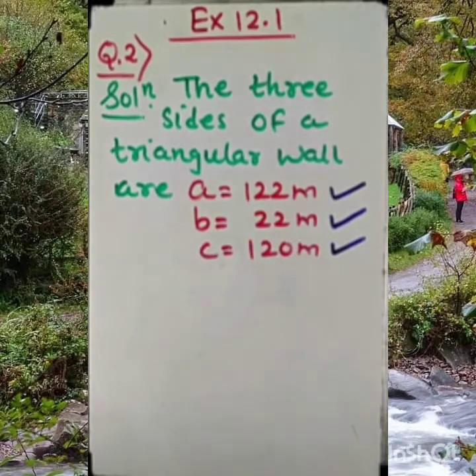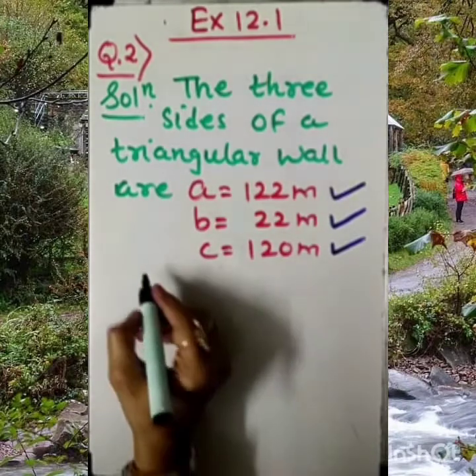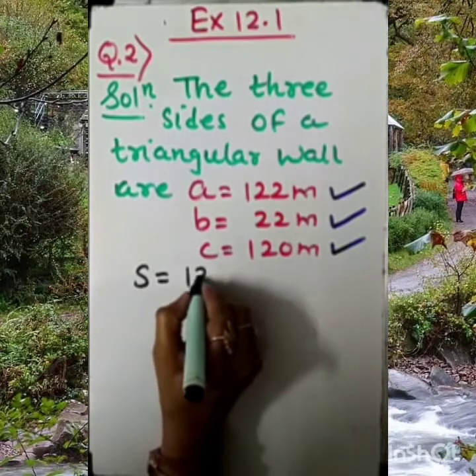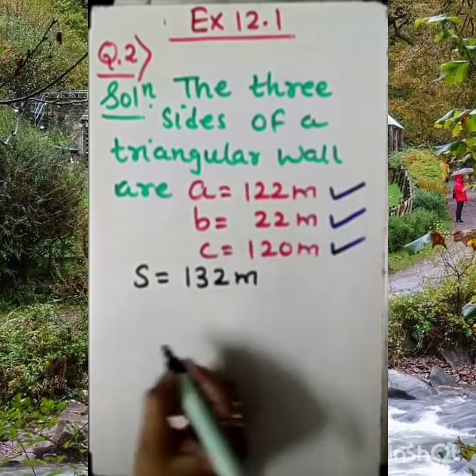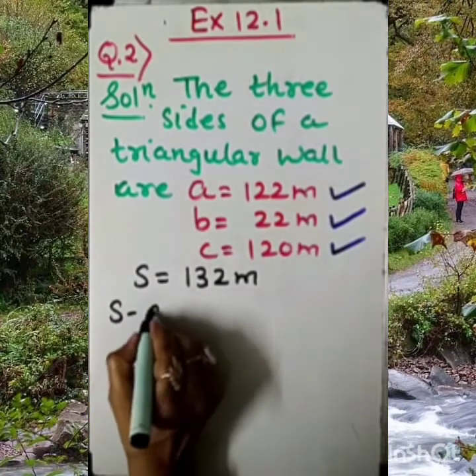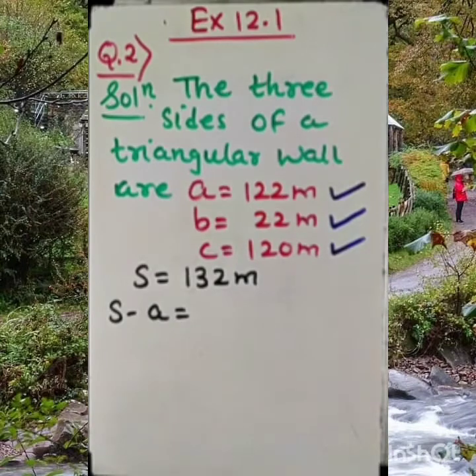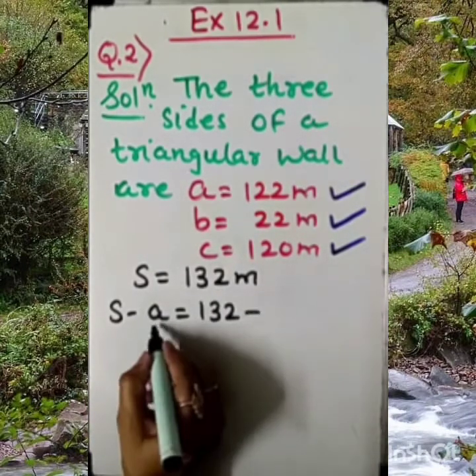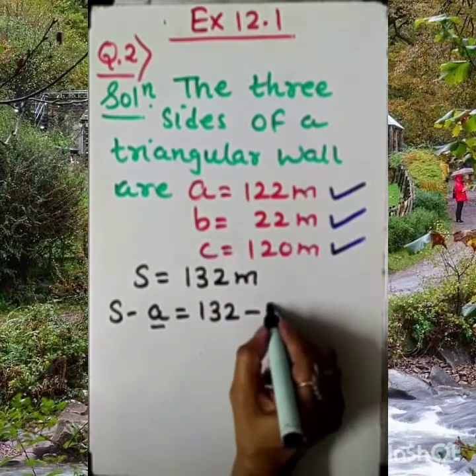So dear student, the value of s we got is 132 meters. Now, what is s minus a? Let's find it here so our work becomes easy. This is 132 minus a, where a means 122 meters.